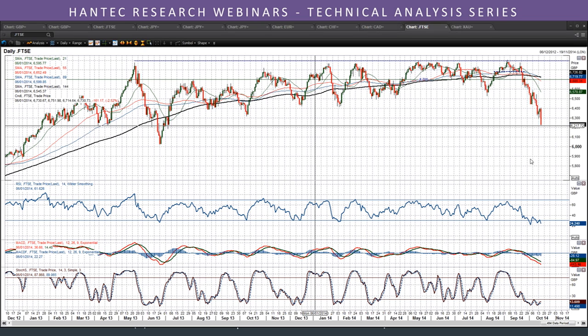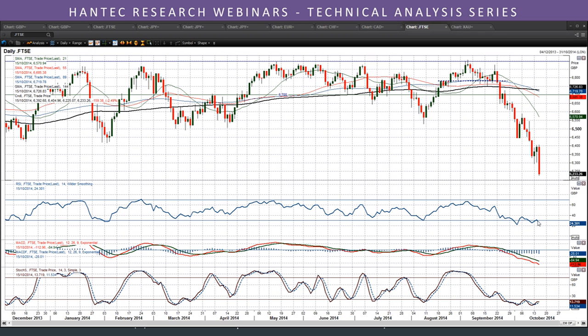You're now thinking, well, okay, I'm not going to try and catch a falling knife. However, I'm going to be aware that at some stage it's going to start to rally, and I want to be prepared for it. Now, what are you looking out for? I suppose you've got your oversold RSI, potential for a bullish divergence on the RSI as well.